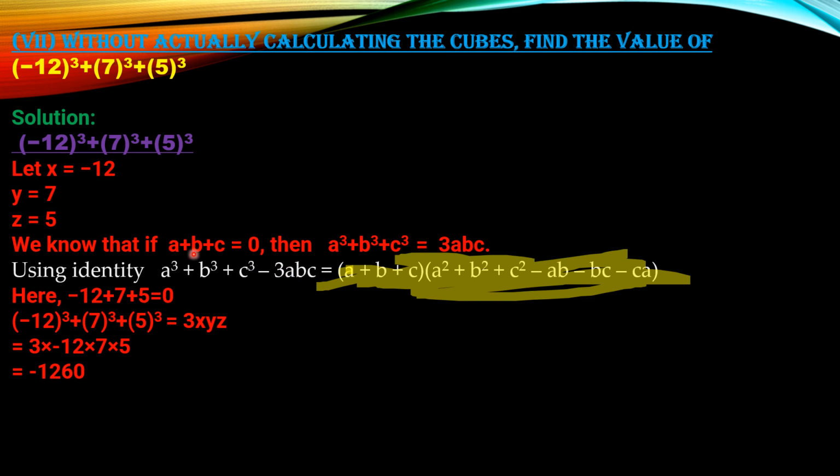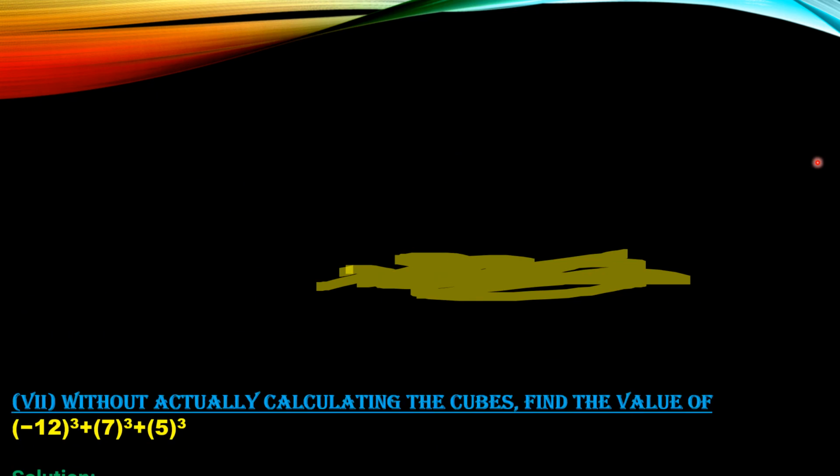So it is a very important result. We will use this. So we will check the sum of -12, 7 and 5. We get the sum is 0. So just multiply 3 into -12 into 7 into 5. It is -1260. This is the answer.